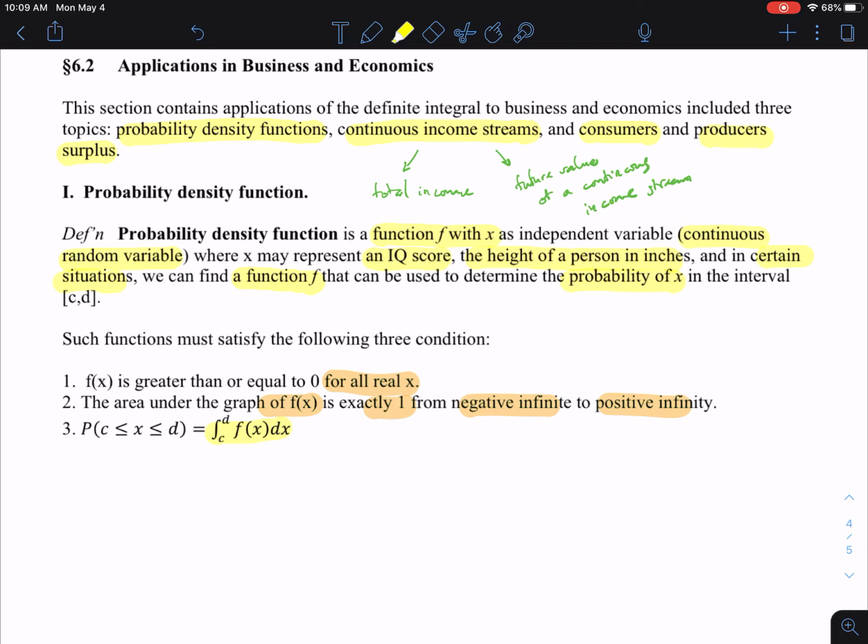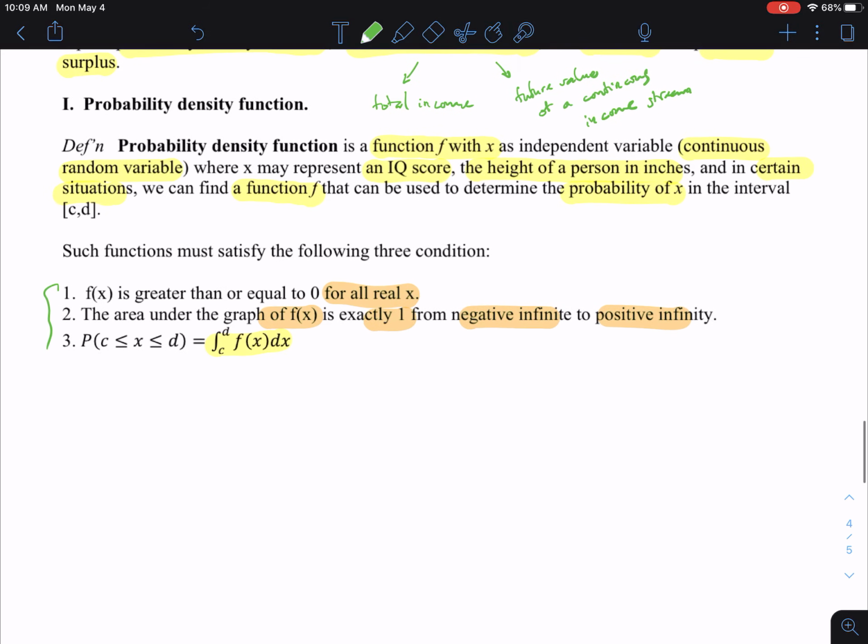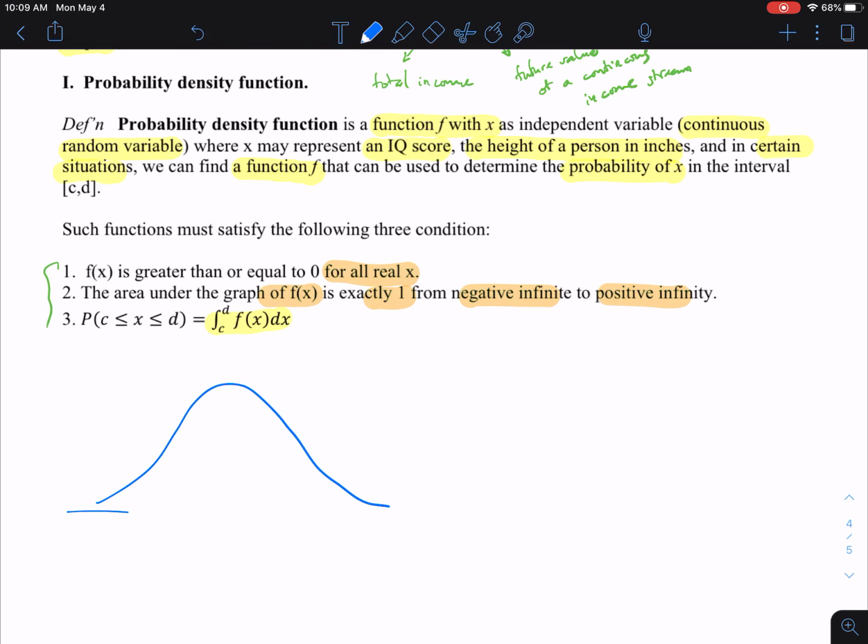In terms of a picture, what these three conditions are really saying is that we have a function, in terms of a graph, and that function f could look like this, some sort of bell-shaped curve, and the total area underneath the curve equals 1.